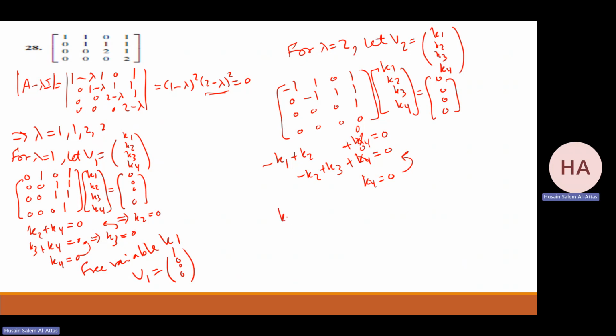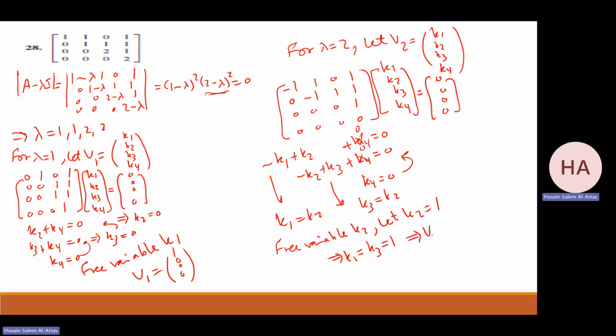So K1 equals K2 from here, and from this, K3 equals K2. So my free variable is K2. Let K2 be equal to 1. You will get K1 equal K3 equal 1. So V2 will be 1, 1, 1, and K4 is 0. So we have only 2 eigenvectors.